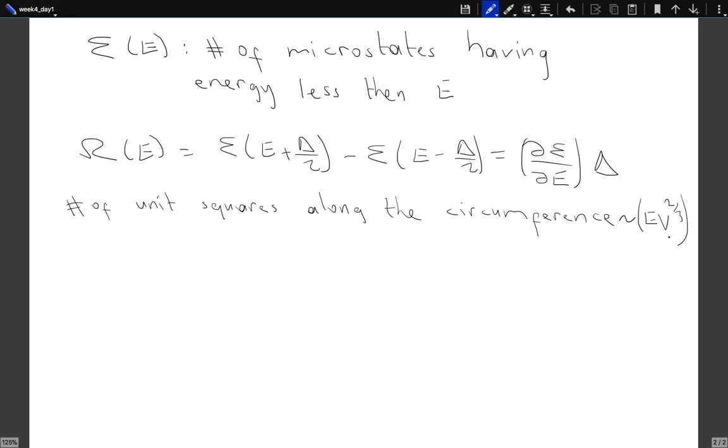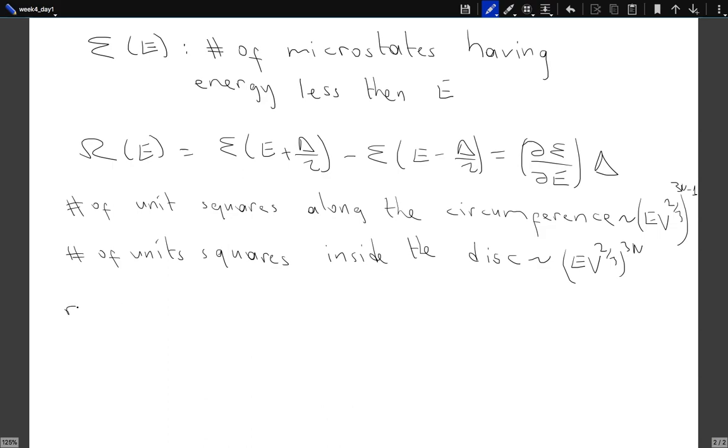Well, the surface area is proportional to this number to the 3n minus first power. The number of unit squares inside the disk, on the other hand, would scale as the radius to the power 3n.